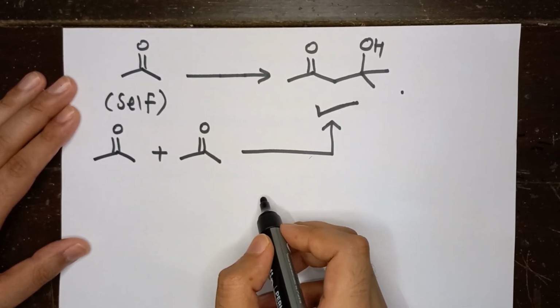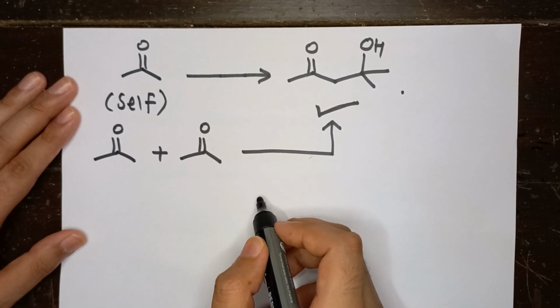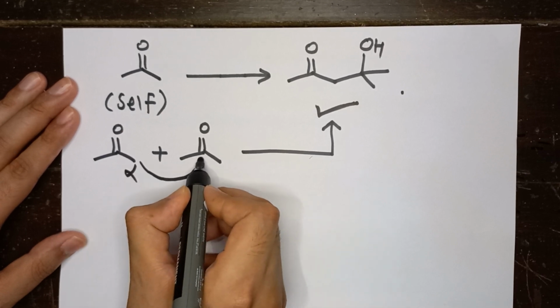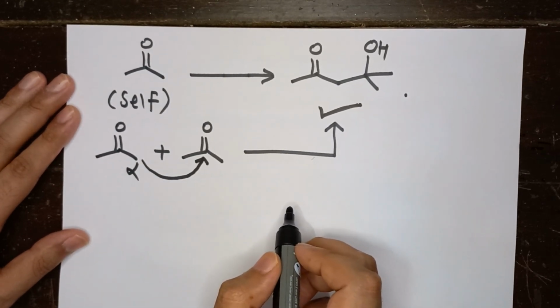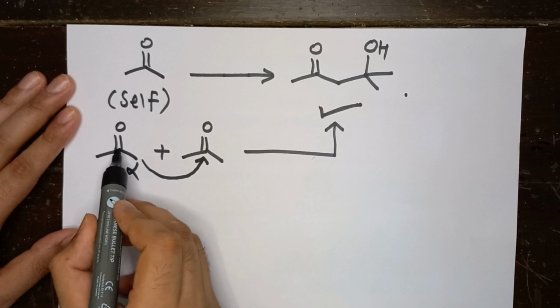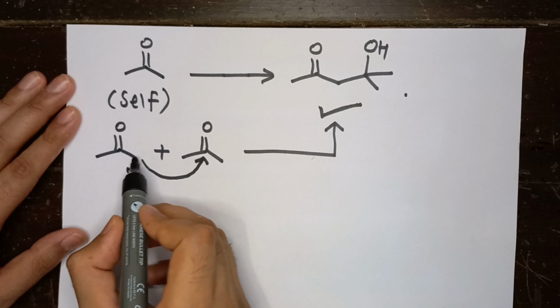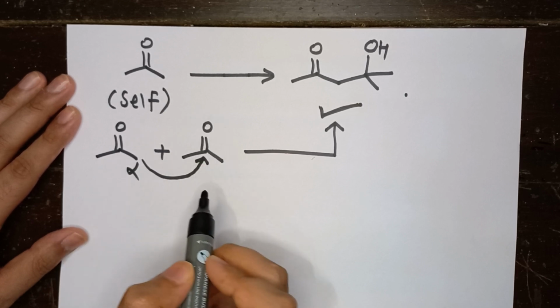So now let's learn how to predict the product. All you have to do is connect your alpha carbon with the carbonyl carbon of the second molecule. That's all you have to do. You have to find out the alpha carbon, that is usually adjacent to the main functional group. You have to connect that alpha carbon to the carbonyl carbon of the other molecule.